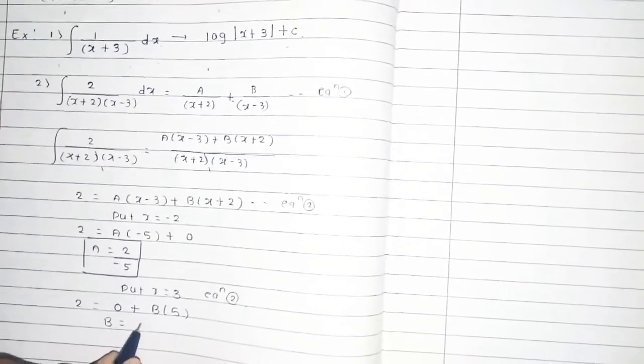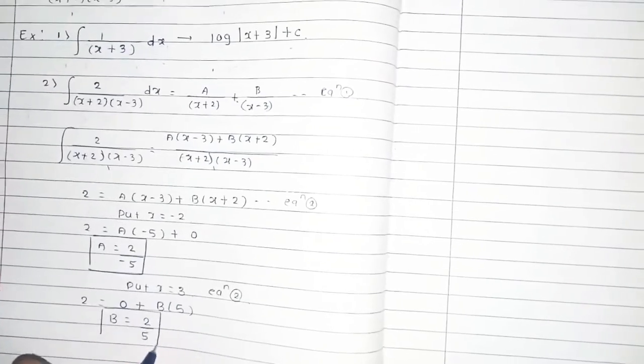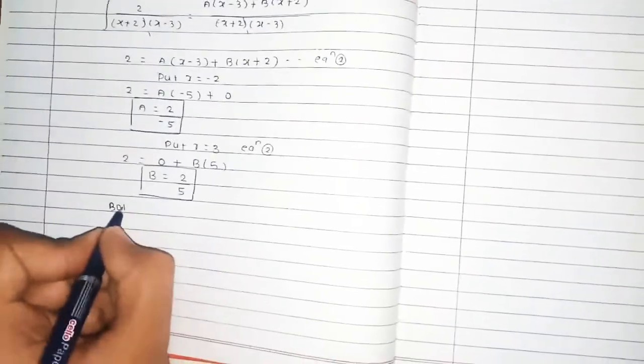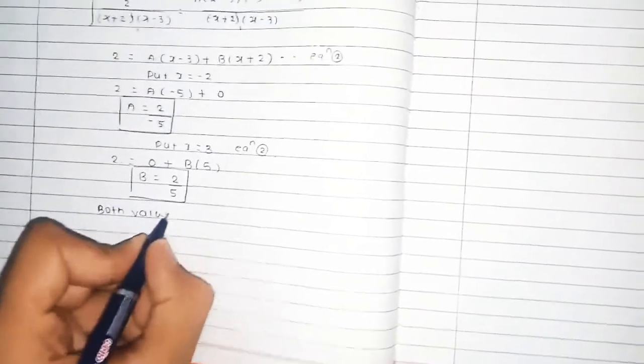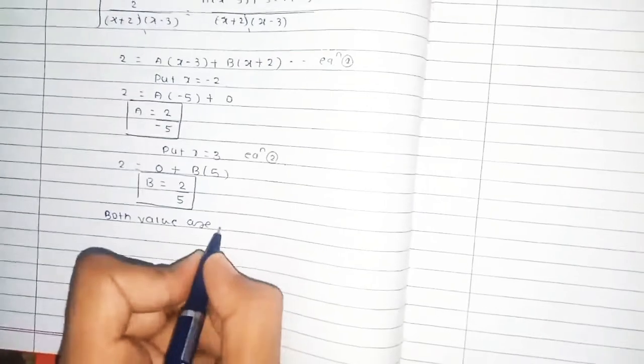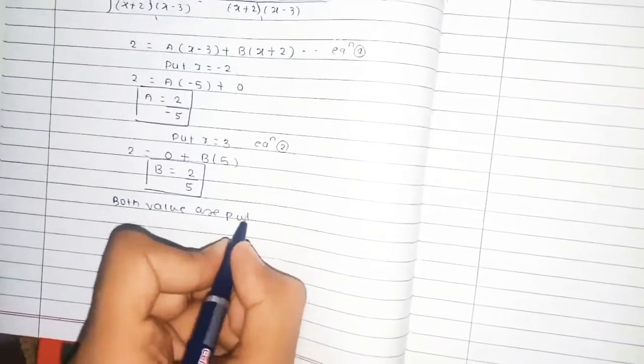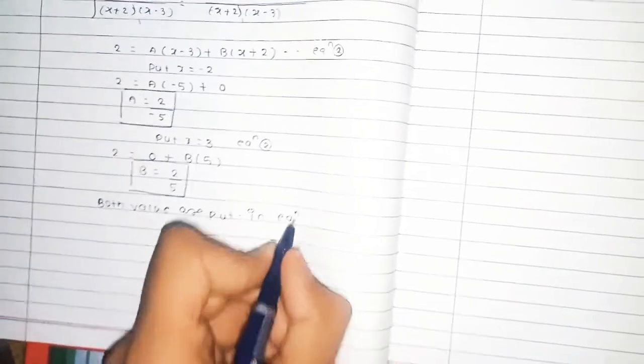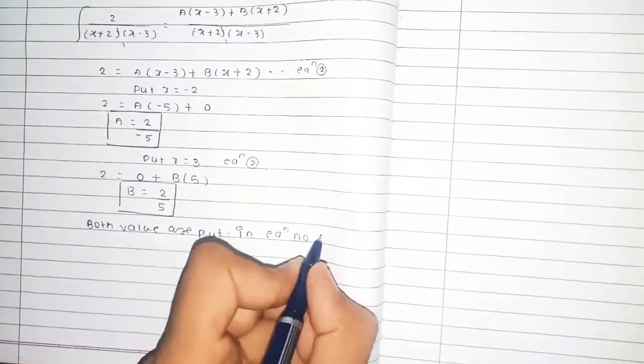So b is equal to 2 by 5, positive. Both values are put in equation number 1.